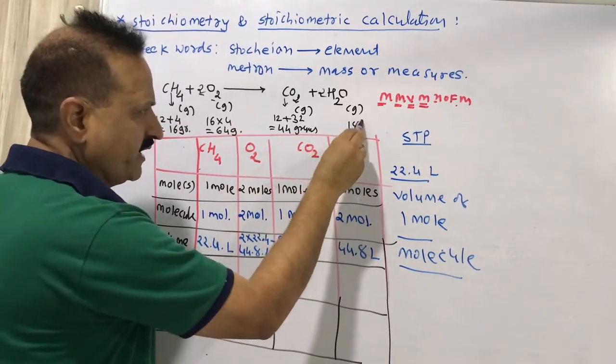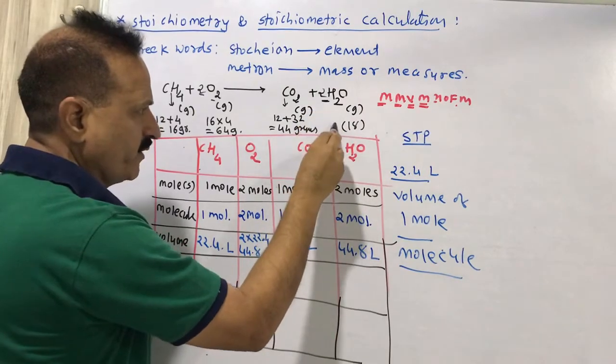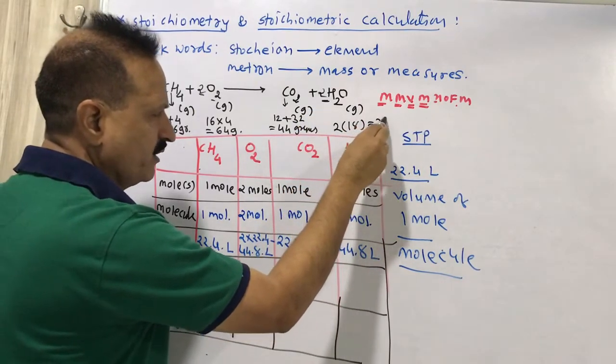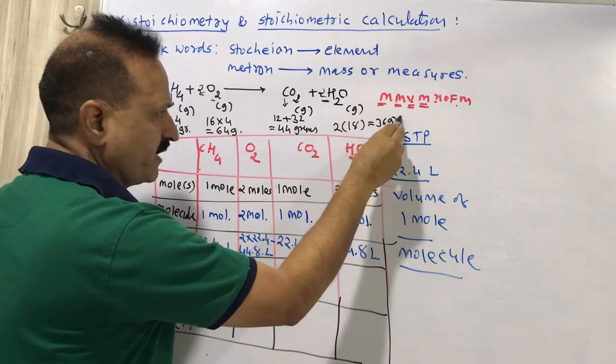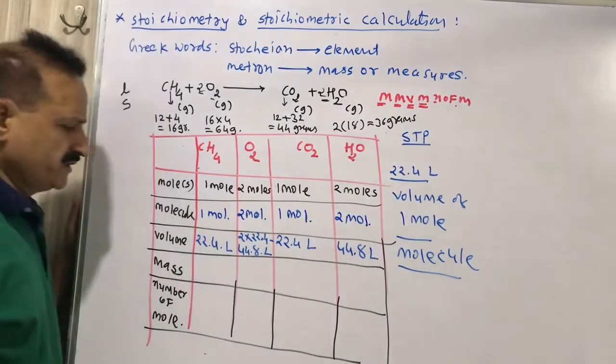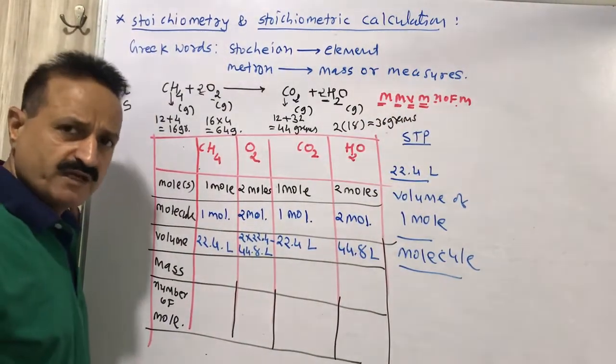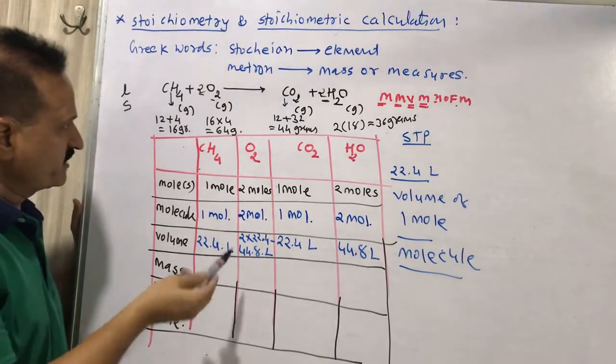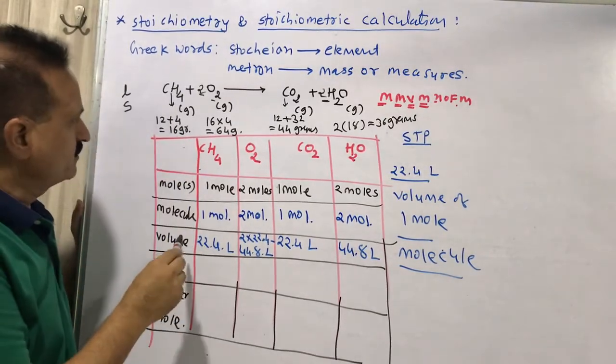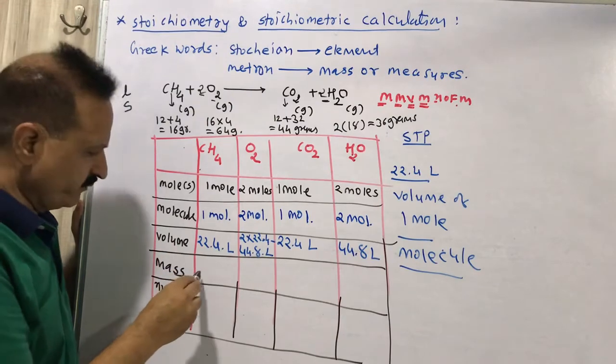Water is 18 grams, 2 molecules of water means multiplied by 2, it is 36 grams. This is the method to identify the mass.